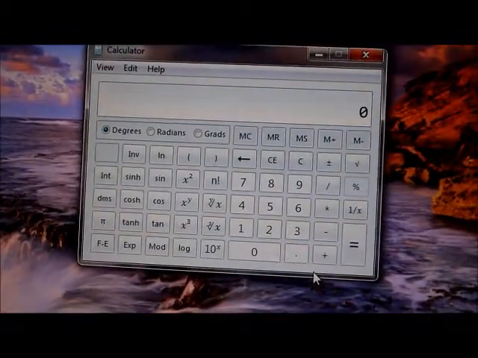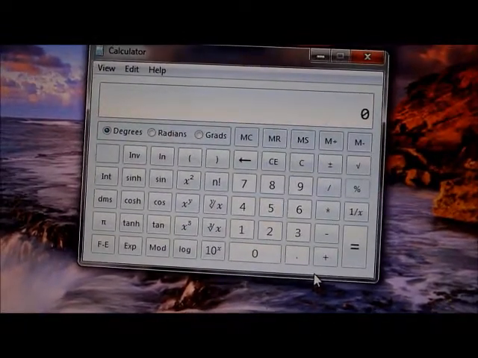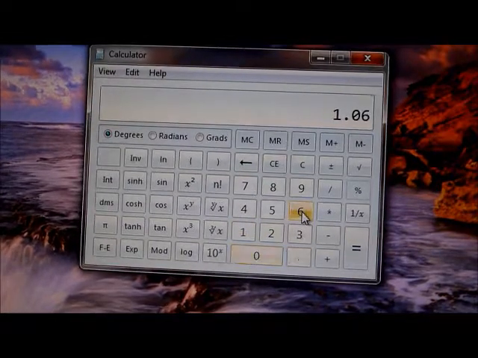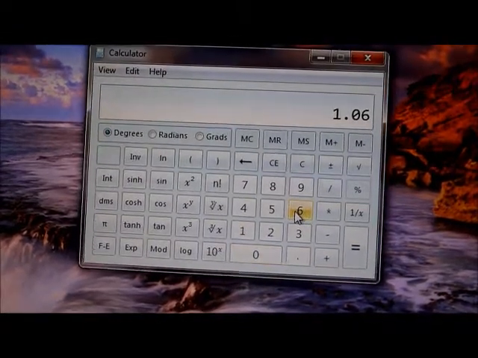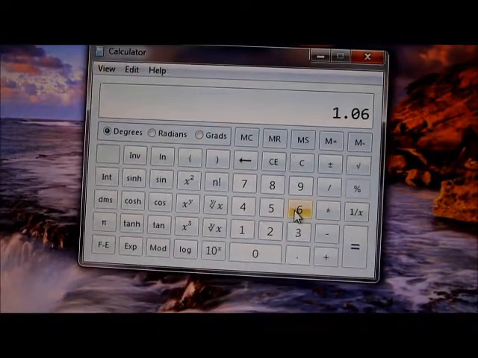Okay, so let's go ahead and try taking 1.06. You can also type these in with the keys on your keyboard.